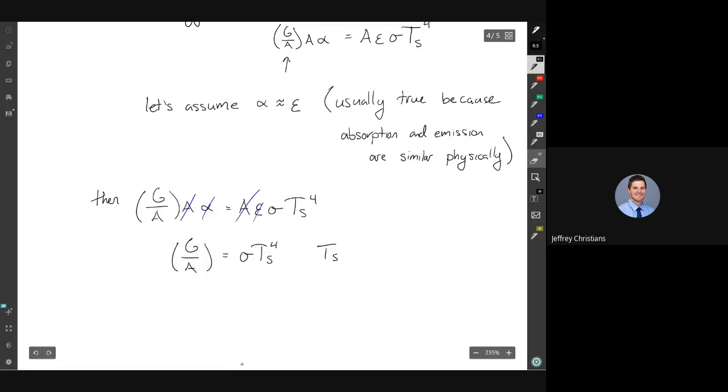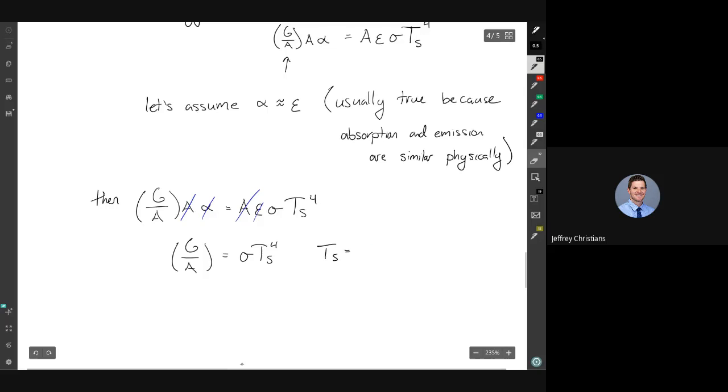So TS equals, so then we can plug in some numbers. Sorry, I'm doing my algebra wrong.